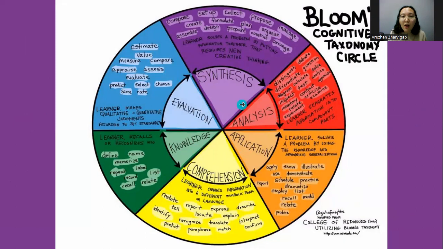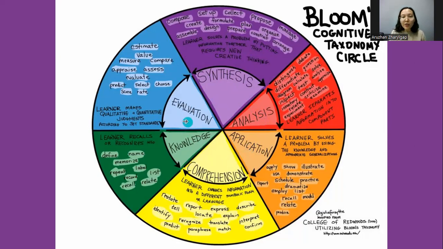For example, for each level of the language learner, you can choose the skill that they need to acquire during your lesson. For example, synthesis, analysis, application, comprehension, knowledge, or evaluation.